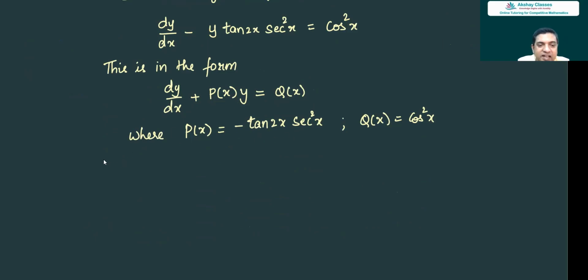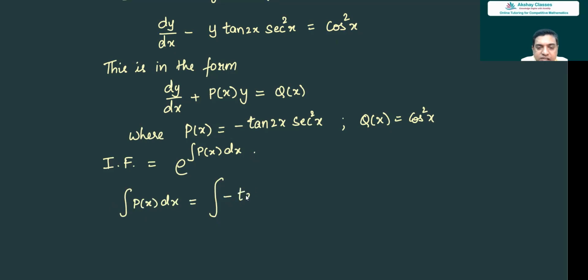Now the integrating factor is e to the power integral p of x dx. Now let us evaluate this integral p of x dx. This is integral minus tan 2x secant square x dx.